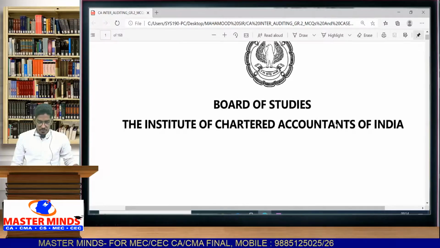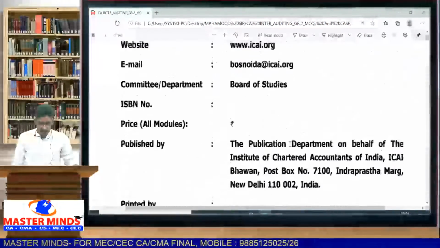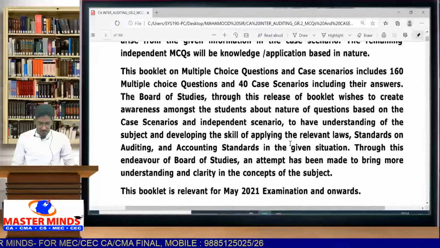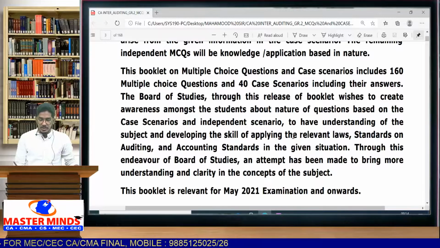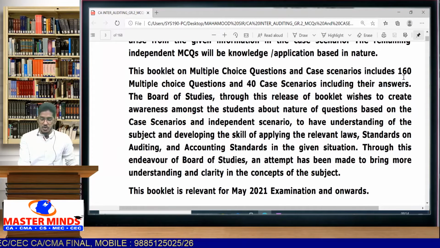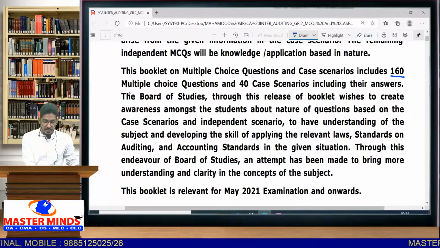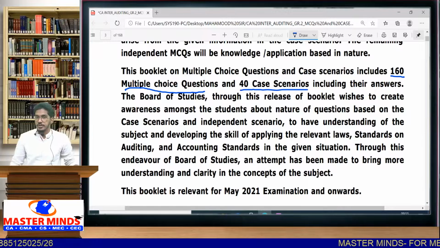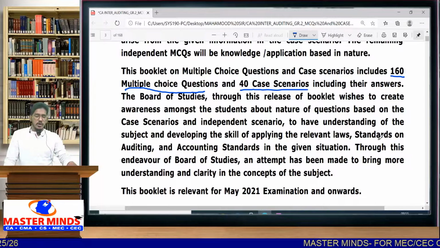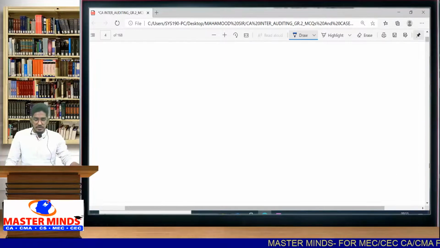If you observe this booklet, in total it has 160 normal multiple choice questions and 40 case scenarios. We will not be going through the general MCQs which they have given.